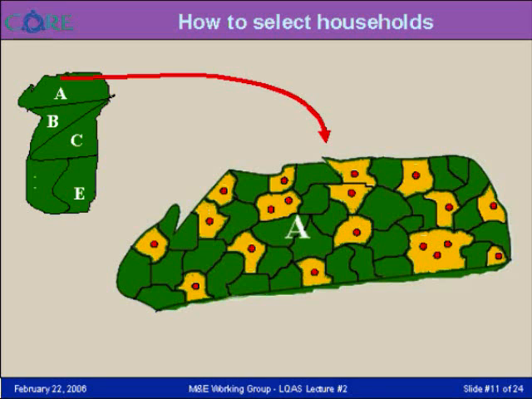And now we would like to select households to visit in those randomly selected locations, those yellow areas shown here in this particular example for supervision area A. And once we identify the households, then we're going to see how to select a suitable respondent in those households.